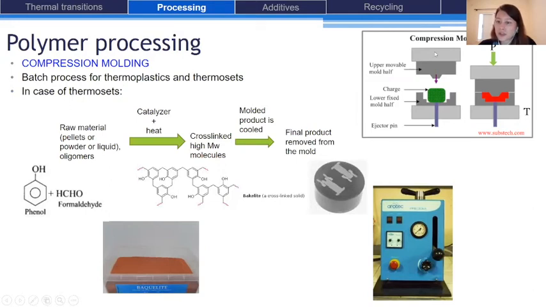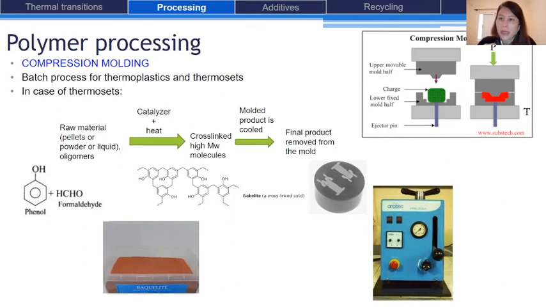The pressure applied on the polymer will force it to flow and to fulfill the cavity of the mold. And of course, we will use temperature in the case of amorphous and semi-crystalline polymers to permit the melting of the polymer and facilitate its flow to fulfill the cavity.